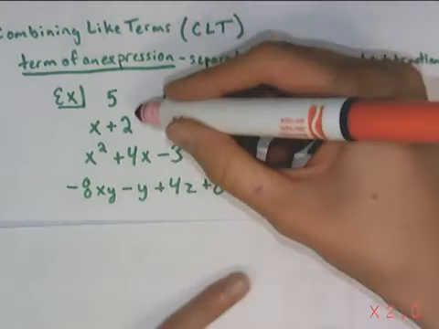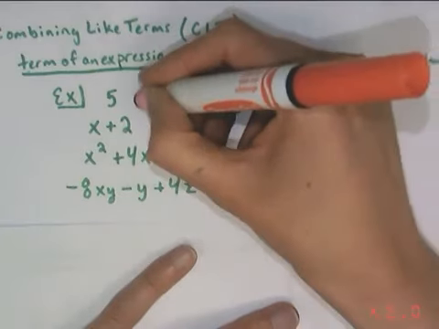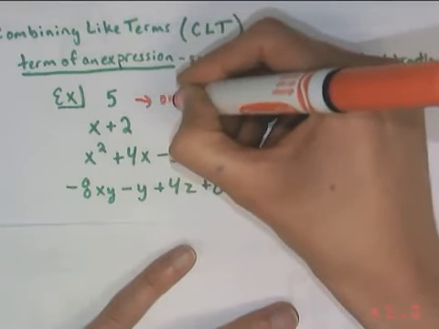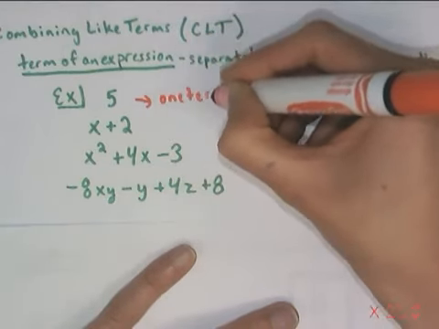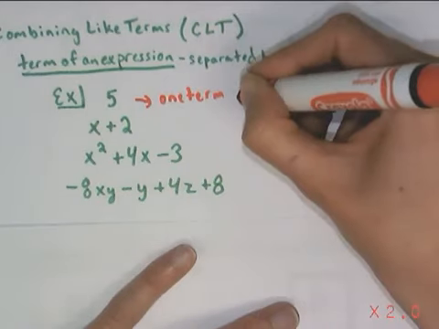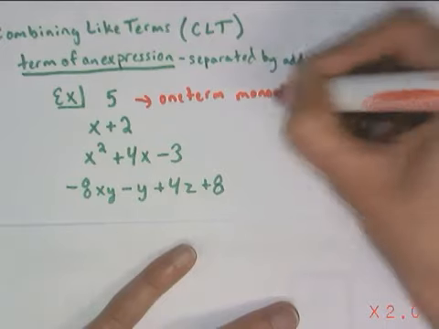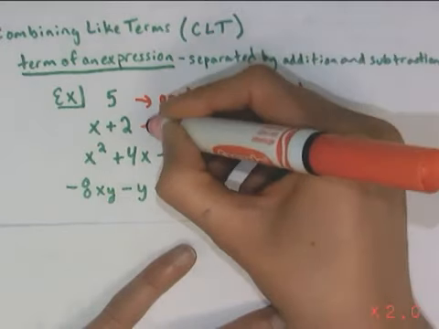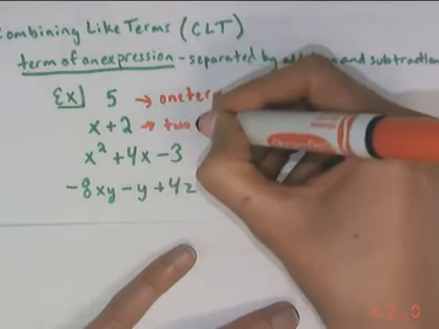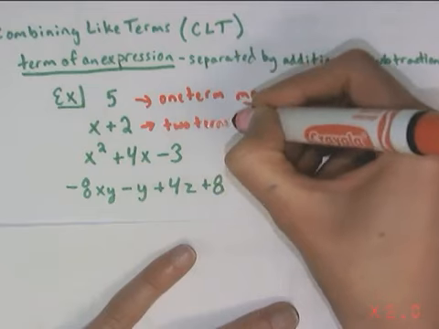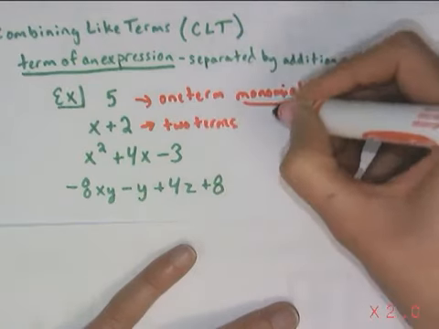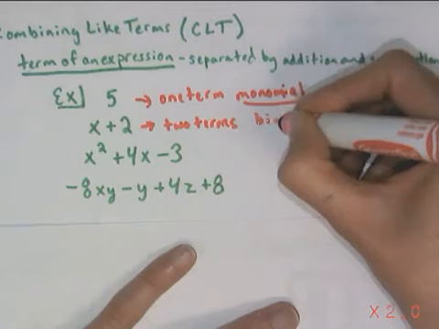So these have a specific name that we're going to ask y'all to know. If there is 1 term, the technical word for that is a monomial, meaning 1. If there are 2 terms, then like a bicycle, you're going to refer to this as a binomial.